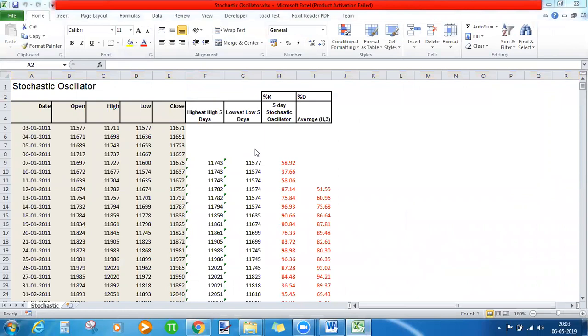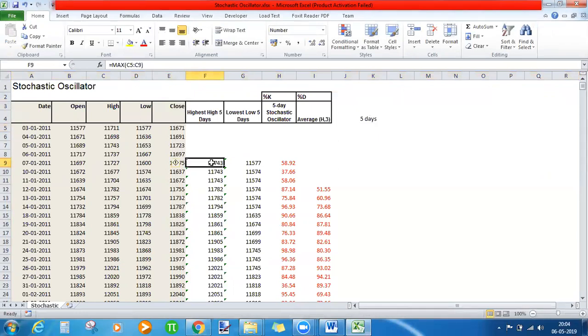This is the Excel sheet for the stochastic oscillator, and the close price is needed. First of all, how many days are we looking back? We are looking back 5 days. So we'll need the highest high of the past 5 days and the lowest low of the past 5 days.